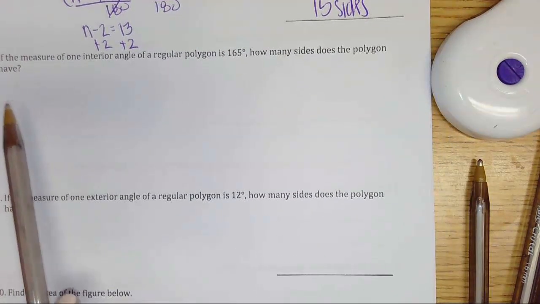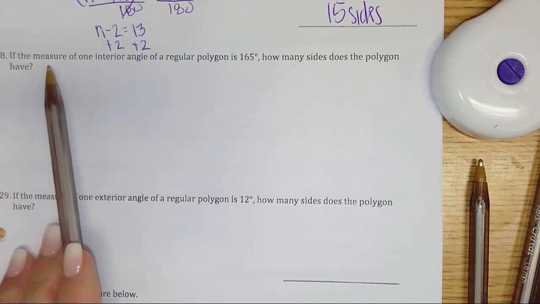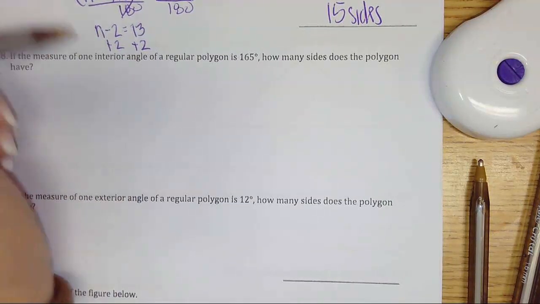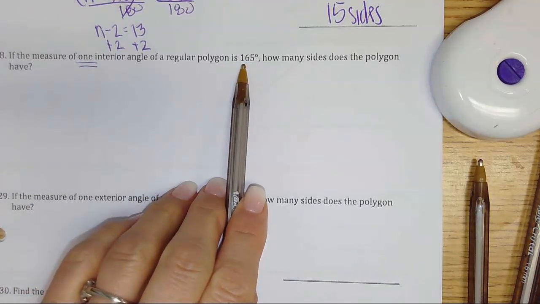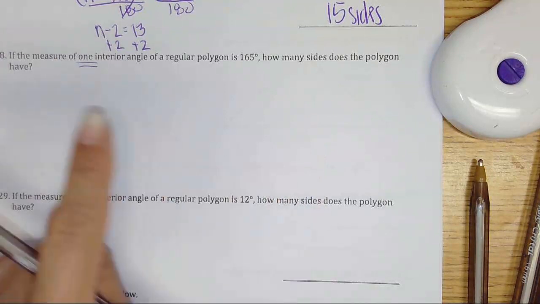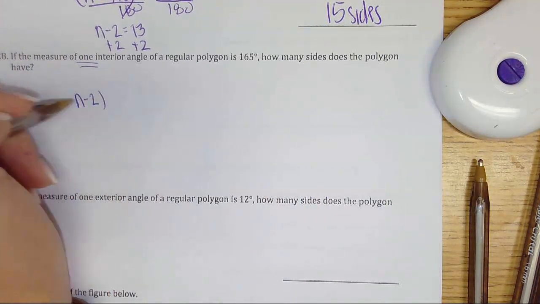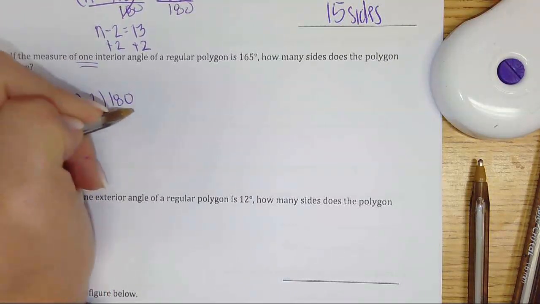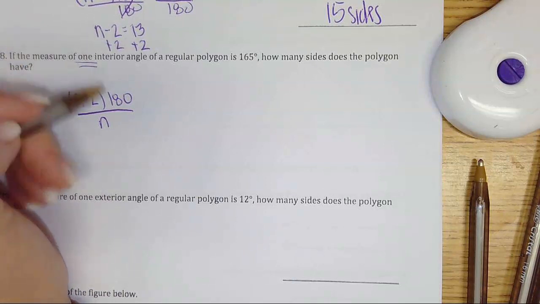Okay, this one is a bit trickier. If the measure of one interior angle, so not the sum anymore, of a regular polygon is 165, how many sides does the polygon have? So same idea of the formula, n minus 2 times 180, but since it's one angle, we have to divide it by the number of sides.